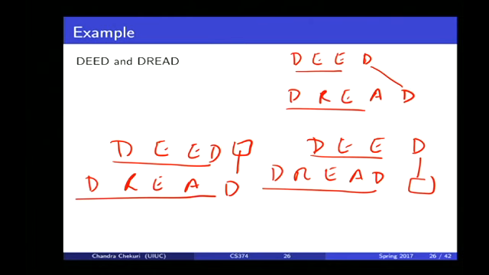We are only generating prefixes. If I start with DED and DREAD, any subproblem in this recursion is of the form some prefix of DED and some prefix of DREAD. Why? Because in the first step itself we created three problems, each of which is a prefix. We are not generating random things, we are generating prefixes of the original strings.